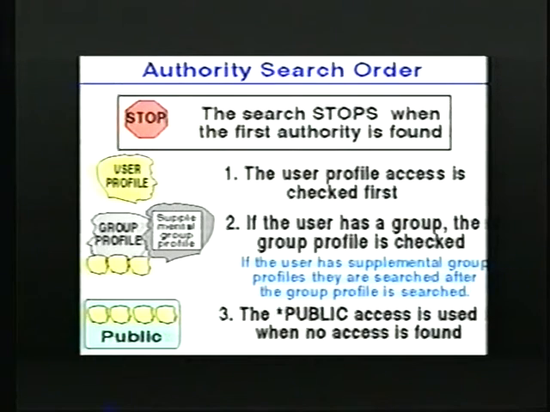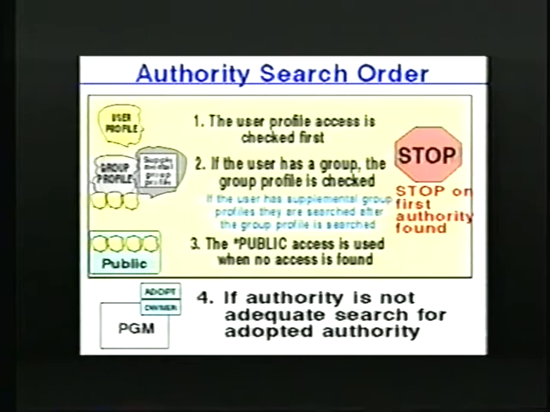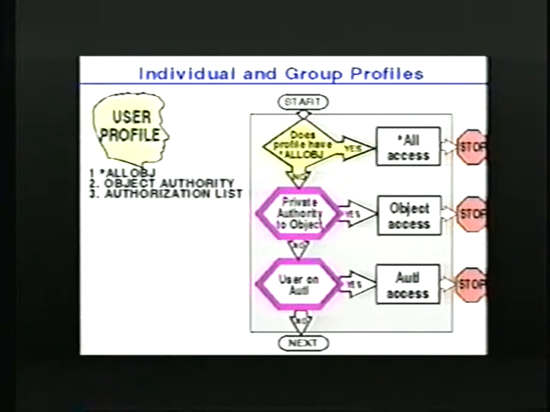If you don't have any access at the group level, then you will get the public authority. So it's first user, then group, then public. If you still don't have any access or adequate access, then the system goes on and looks for the adopted authority. Now, when it's checking the authority for the user, it has a very strict order in which it goes out and makes that check.